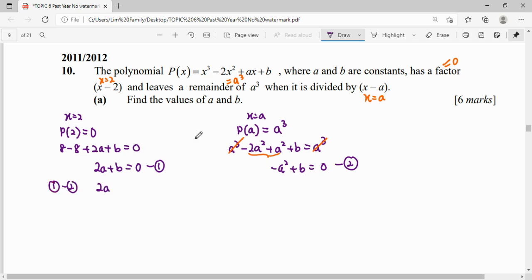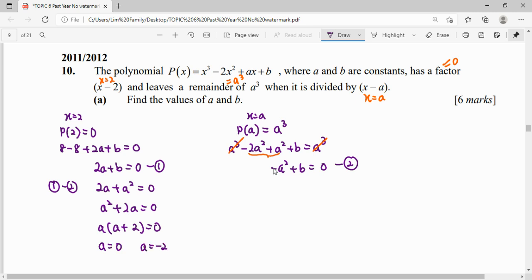So 2a minus negative becomes positive a squared equals 0. We get a quadratic here, so we factorize and find that a is 0 or a is negative 2.